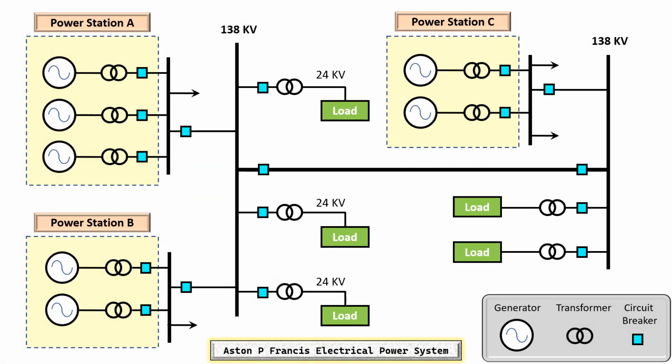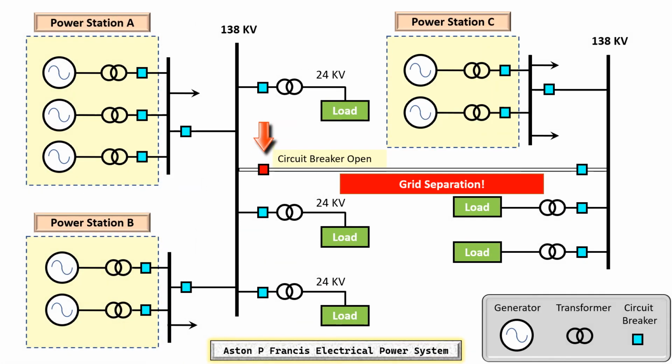Here is an illustration of an electrical power system with generators, transformers, circuit breakers, transmission lines, and distribution with some load connected. This is hypothetical. So in this scenario, suppose the breaker shown is tripped. You would have generators on the left, and your distribution and load will be working fine.